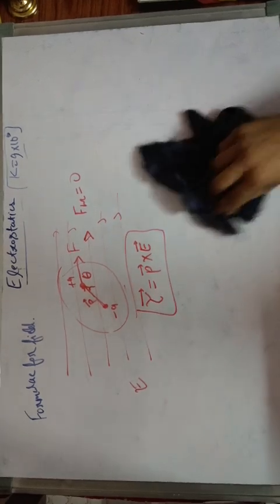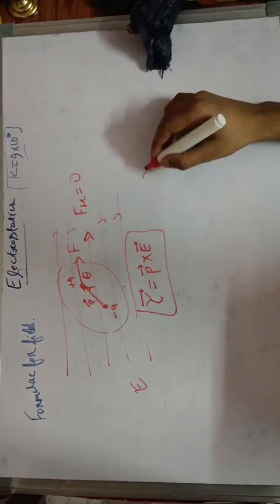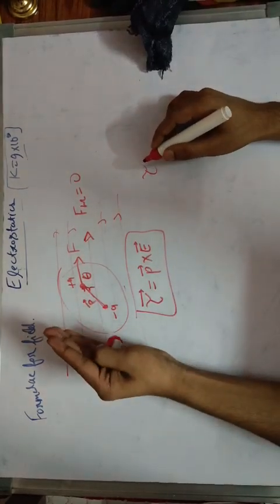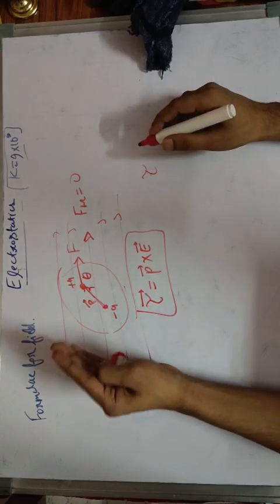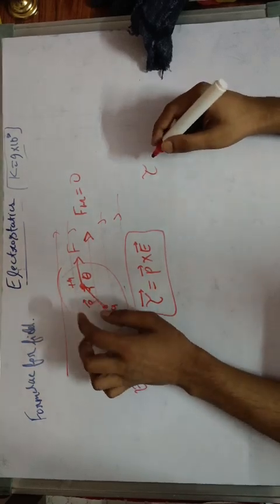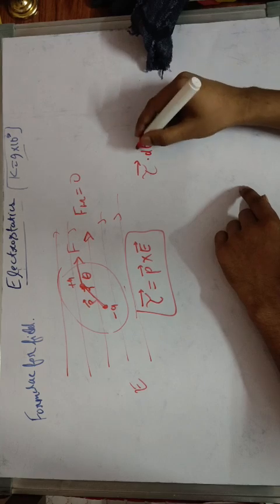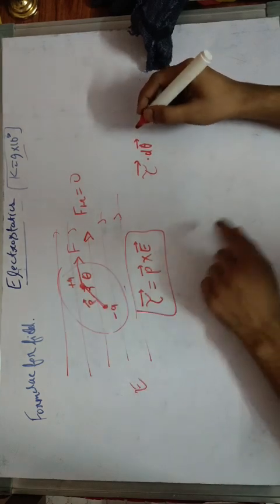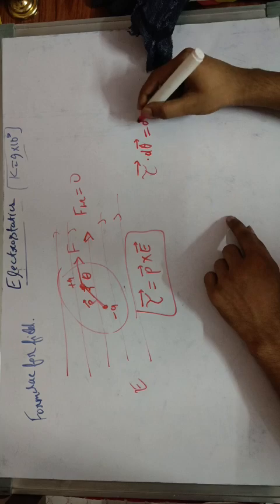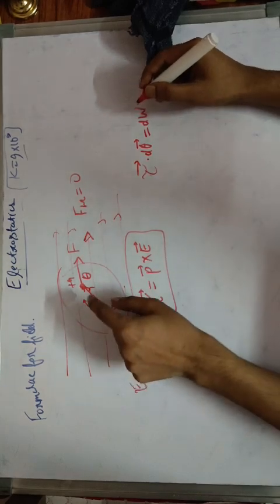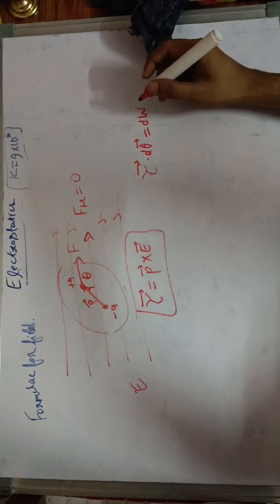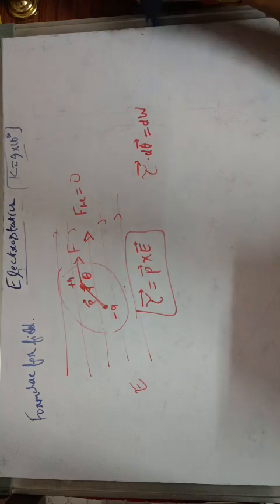And when there is a torque and the dipole moment vector is rotated, this dipole is rotated, then the work done is tau d theta. Let's say it is rotated by d theta angle, then the dW, the work done in case of rotating it, is equal to tau d theta.